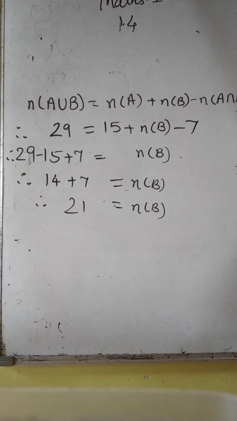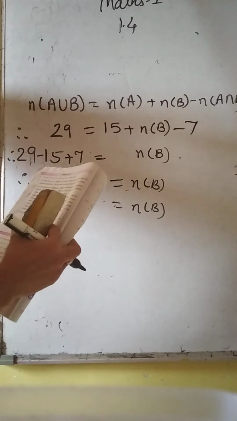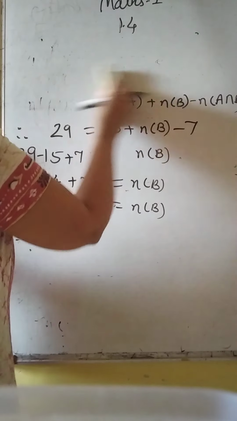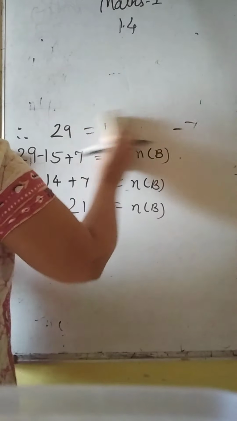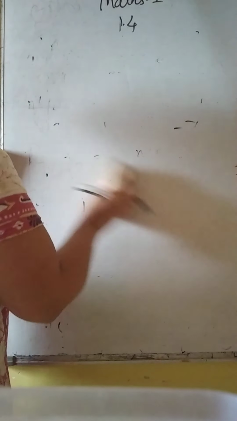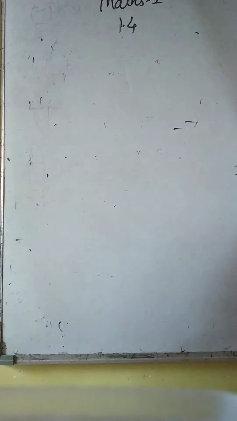I am not asking you to solve it. Now, when this word problem comes, that time we feel that if we use a Venn diagram, it becomes easy, isn't it? So, as Manthan said, it is easy.